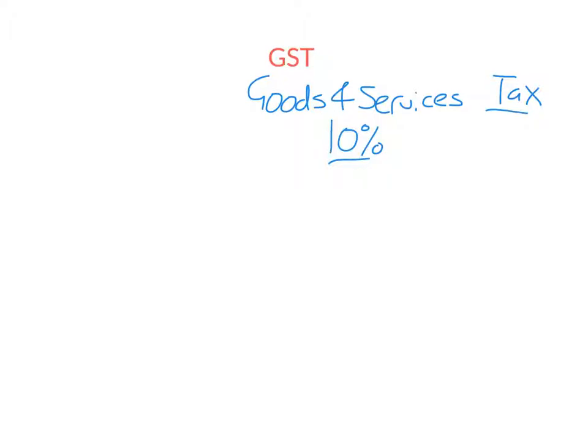So what does this mean? Well, let's say that I've made a beautiful cologne. Yes, sorry, I'm obsessed with cologne. Let's say I want $150 for that cologne. I can't sell it to you for $150 because I would have to give some of that $150 to the government in the form of tax for GST.